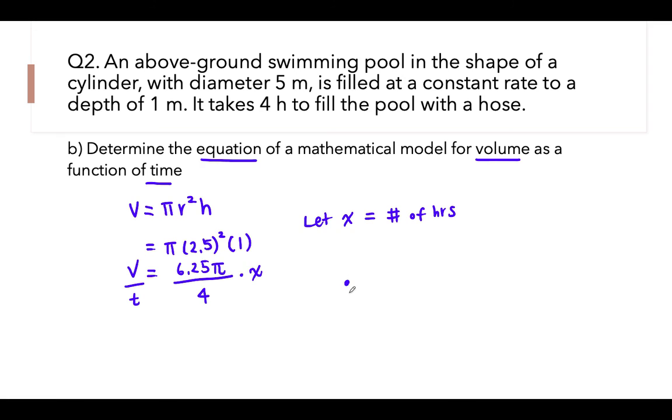So therefore, the equation, if I want to use, let's say, y, the volume, is equal to 6.25 pi x over 4. And that should represent the mathematical model for volume as a function of time.